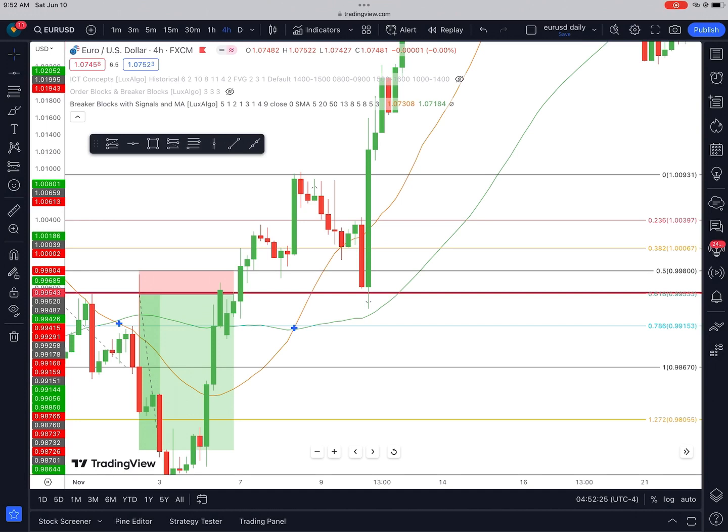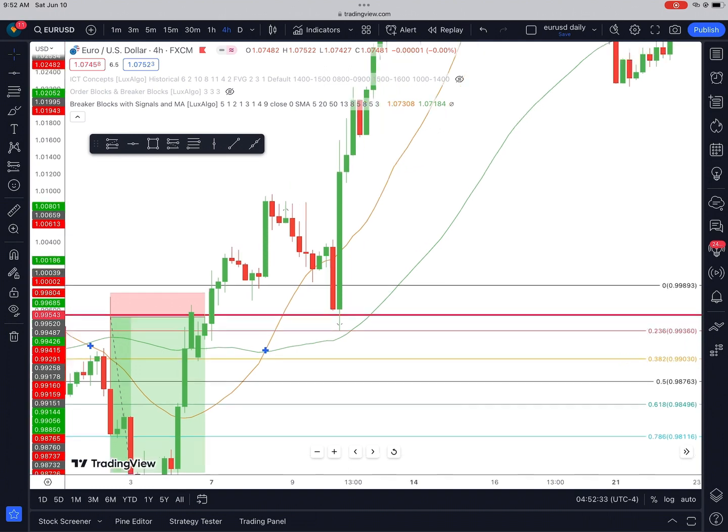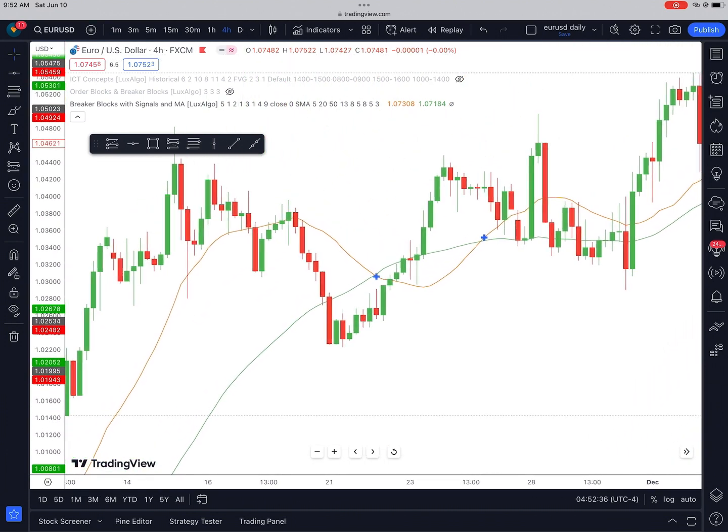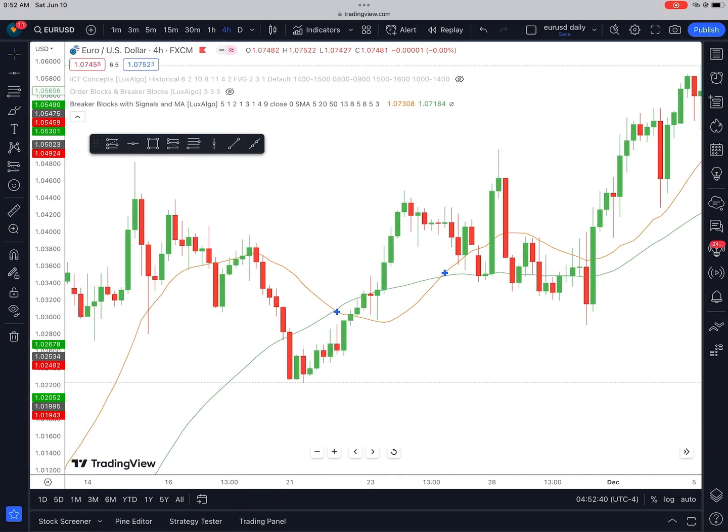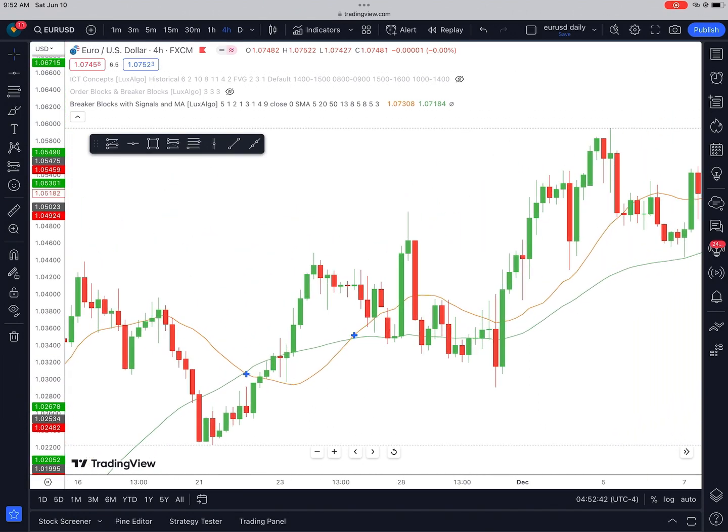Because price was going up and made an indecision candle right here in between before it decided to go up. So maybe you want to use this candle or not, right? But the first retracement towards that major level, this would also have been a win if you are taking that.